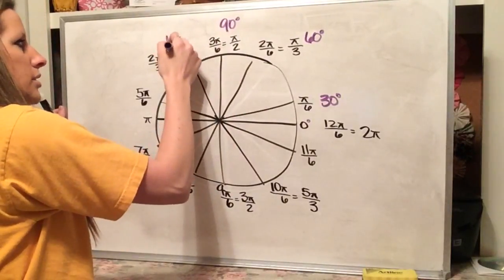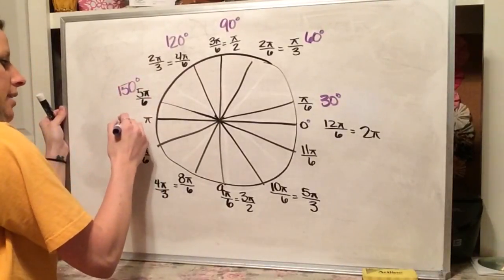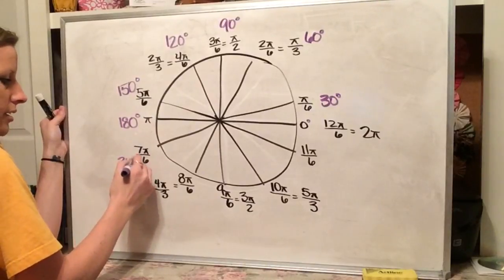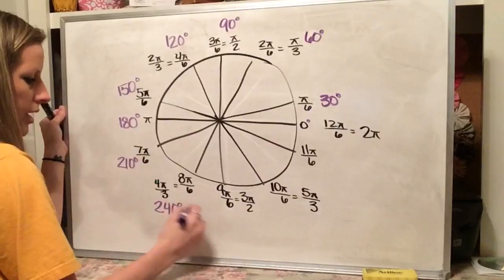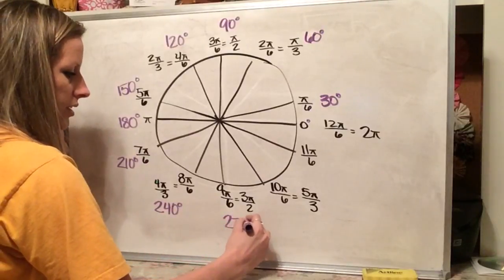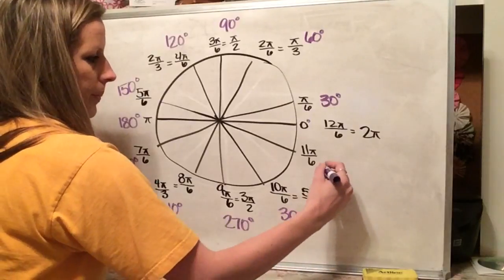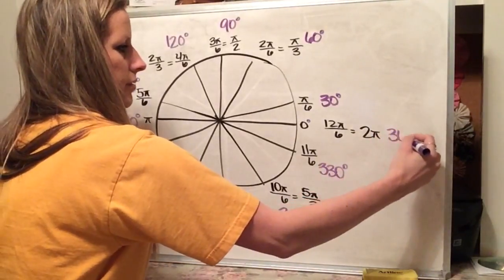Add 30, 120, 150, 180. Add 30, I get 210, 240. Add 30, that's 270, 300, 330, and 360.